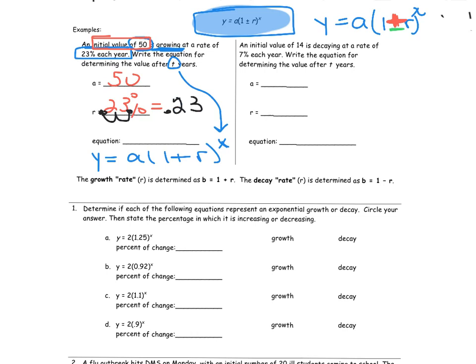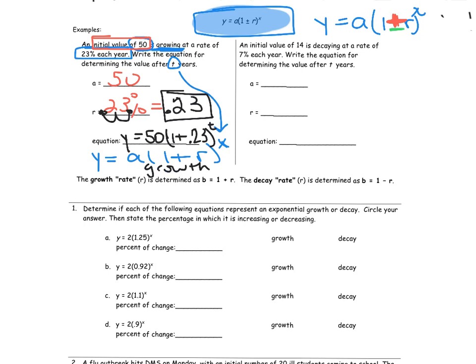So the rate here is 0.23. And now to come up with our equation, we have y equals, well, our a value is 50 times 1 plus, the rate is 0.23, and we're raising it to the t. So that's our equation for a growth. Okay?